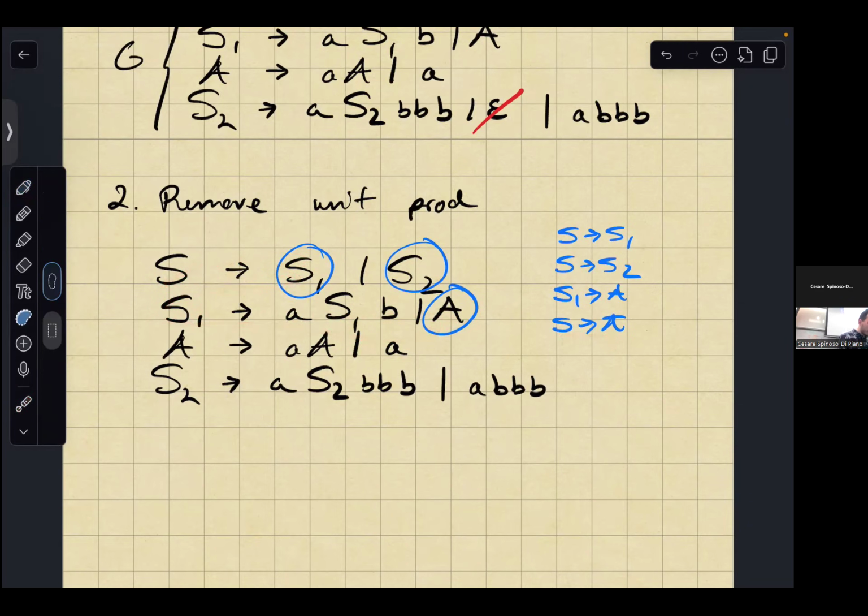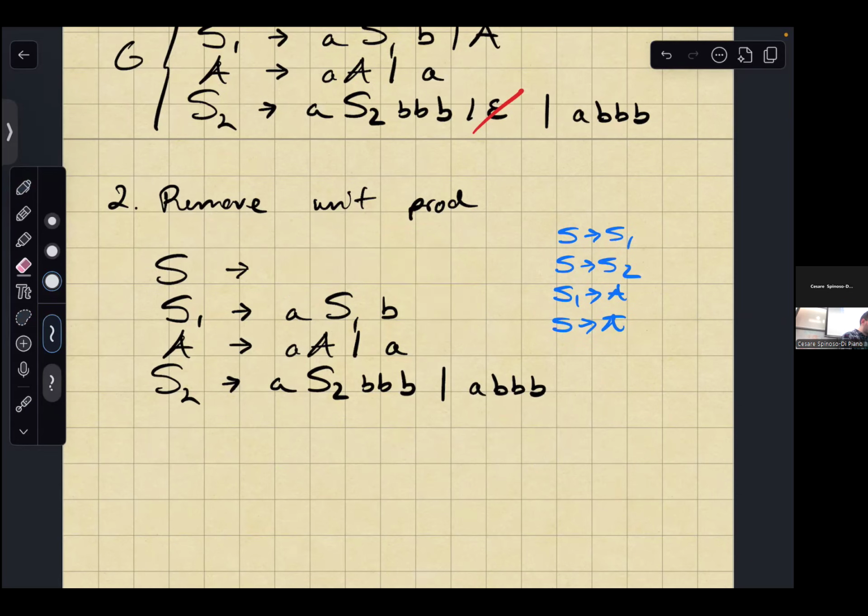With this in mind, I'm going to take the grammar and delete the unit productions. Now I just have to heal this deletion by adding back all the production rules of S1, S2, and A to the corresponding places.